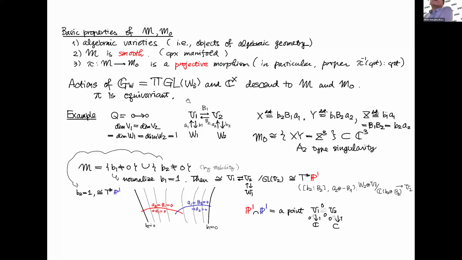This will be used later. And this pi is equivariant, which means that the action on M is compatible with the action on M0 via this map.